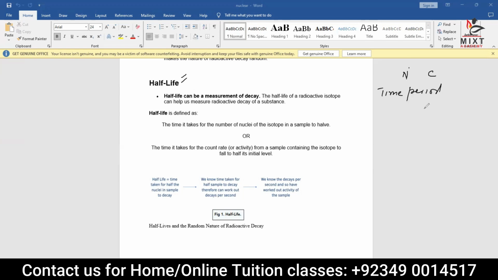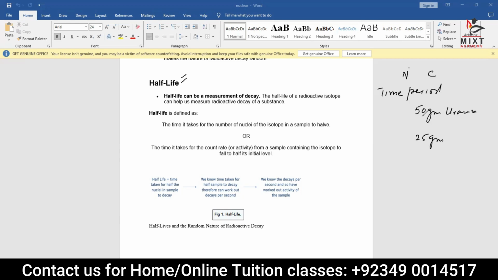Let's give an example. Suppose you have 50 grams of uranium. If you want to see the half-life of uranium, you will see what the time is for the 50 grams to reduce to 25 grams. In other words, out of 50, 25 grams of the uranium will have decayed.